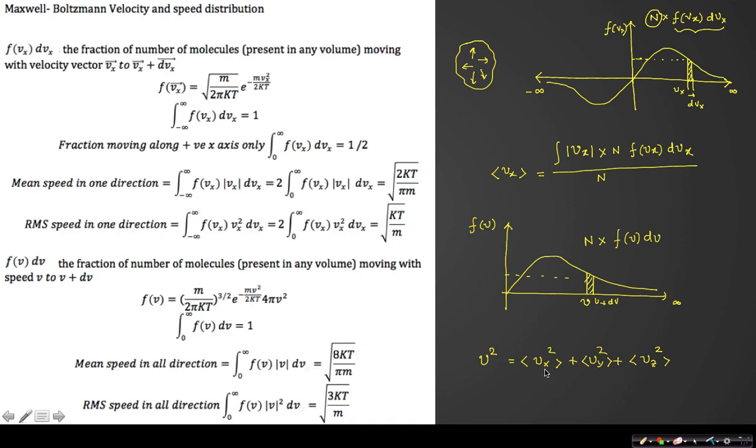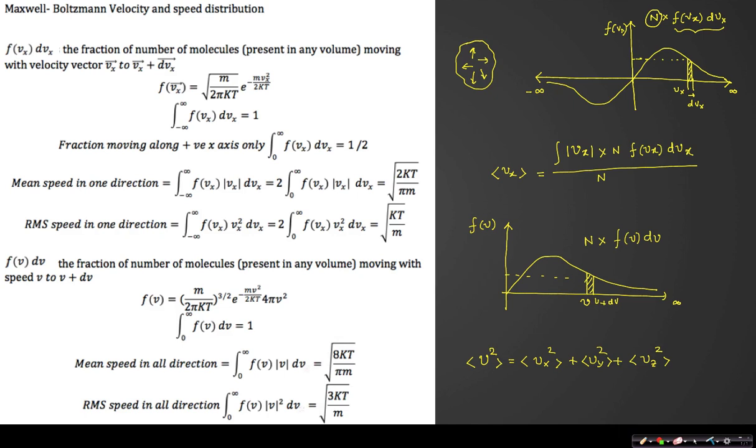So if I add them, kT by m plus kT by m plus kT by m, that is equal to 3kT by m, which is the average value of v square, right? So you should remember that this is the average value of v in a particular direction, and this is the average value of v, or the speed, in all the directions taken together.